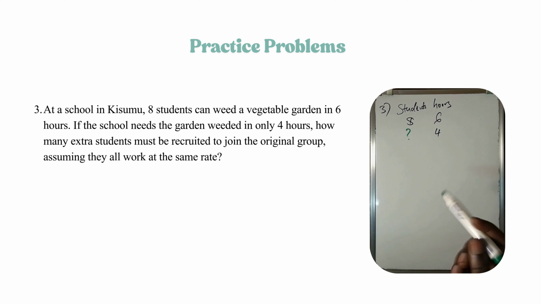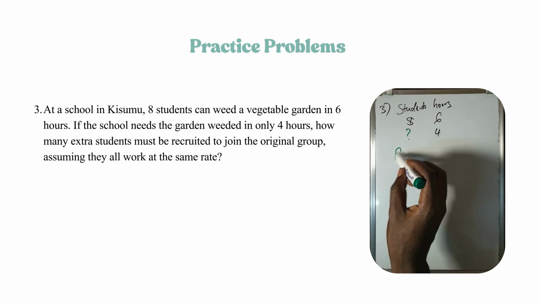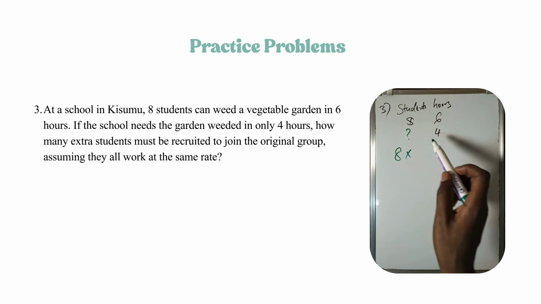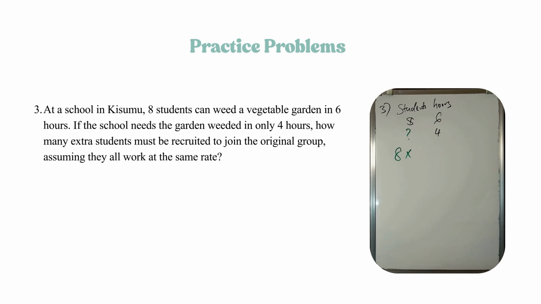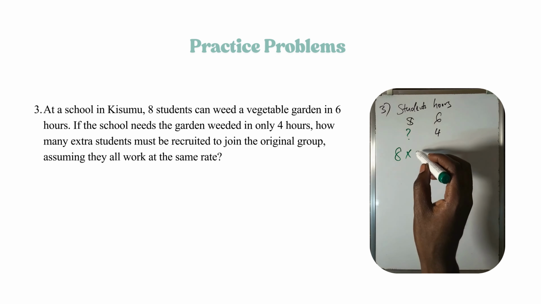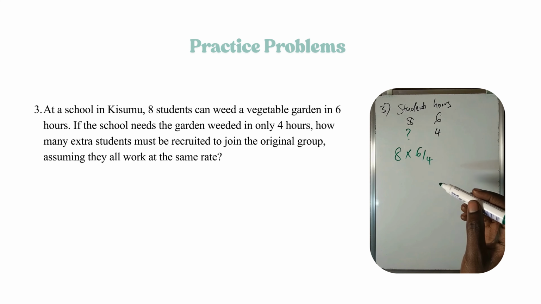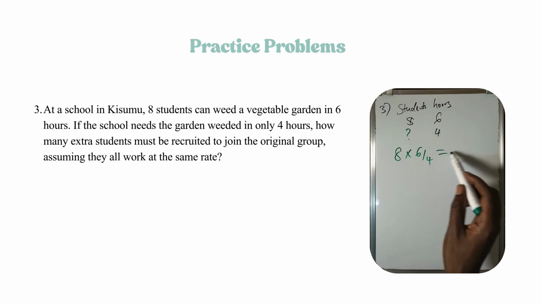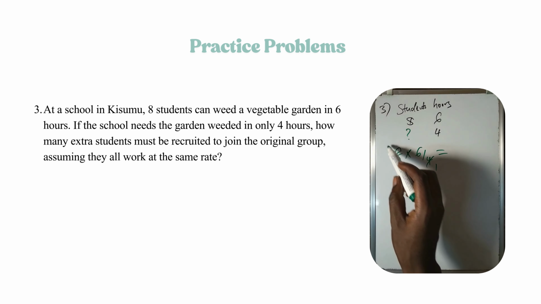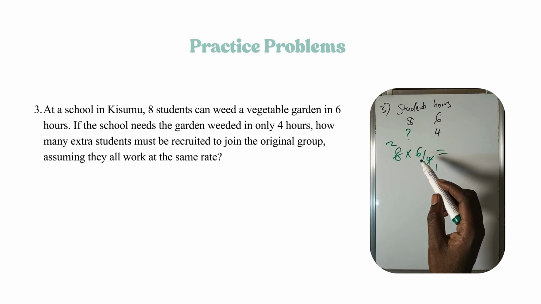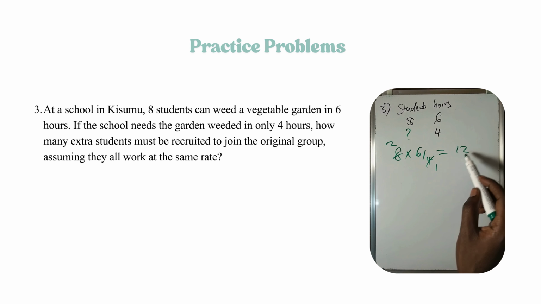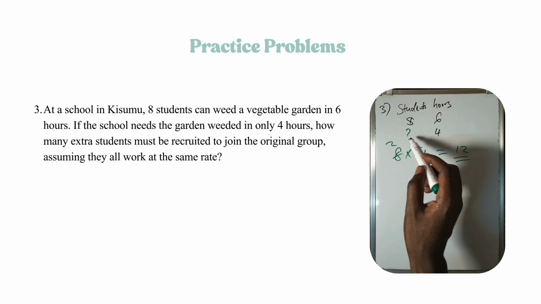So we are going to multiply 8 times an increasing ratio, that is, an improper fraction. So we're going to find 8 times 6 over 4, which gives us 12 students.